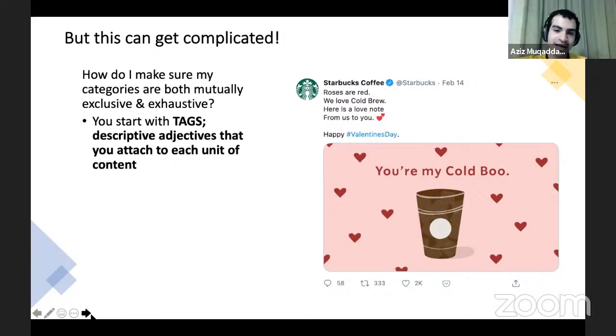Once you're done tagging a bunch of units, say you're analyzing tweet posts by Starbucks, you look at these tags and ask how you can cluster them into four or five distinct categories, a manageable number, as we discussed. Those categories are the ones that are supposed to be mutually exclusive, exhaustive and concise. For one variable, you would have categories, and they will encapsulate the tags you created. Here is an example.